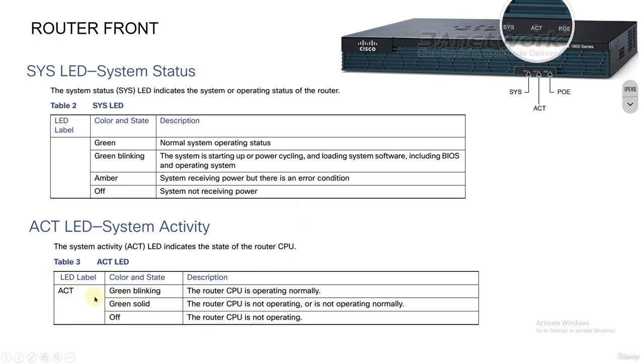Activity has to do with these LEDs: green blinking means the router CPU is operating normally. If it's green solid, then it means the router CPU is not operating normally. So green solid, keep it in mind. And off means the router CPU is not working, so it is powered off.